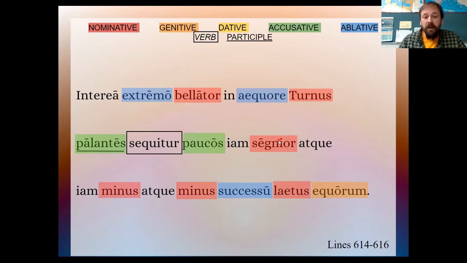Now slower, and now less and less happy by the success of his cavalry. Turnus is at the end of the battlefield, chasing his enemy away. But they're getting away. He's not as happy because his cavalry isn't doing as good of a job as he would hope. Let's do the second sentence.